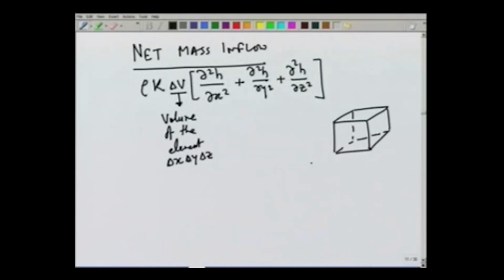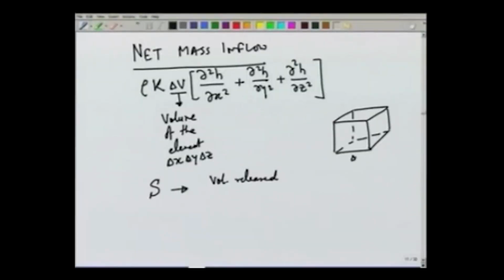Now, if we use the storage coefficient S, we have seen that S represents the volume released per unit cross section area using a prism. But if we want to use elements with volume delta x, delta y and delta z, we would need to use a specific storage rather than a storage coefficient.